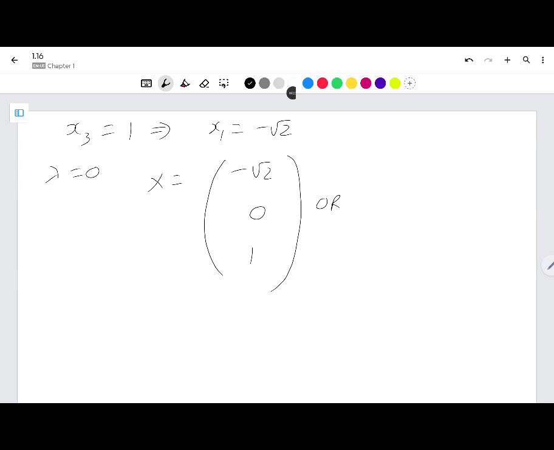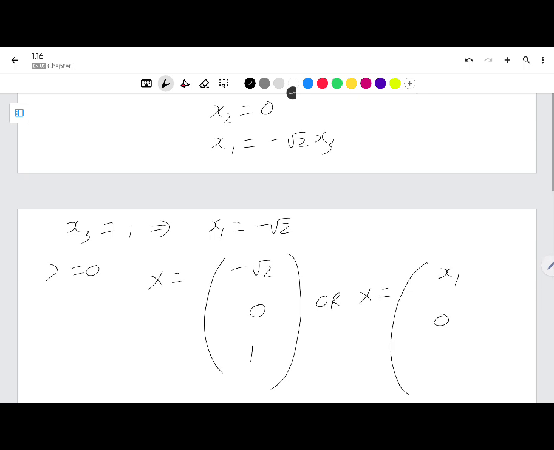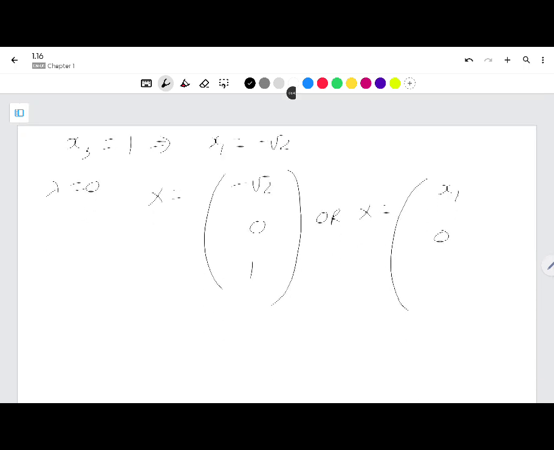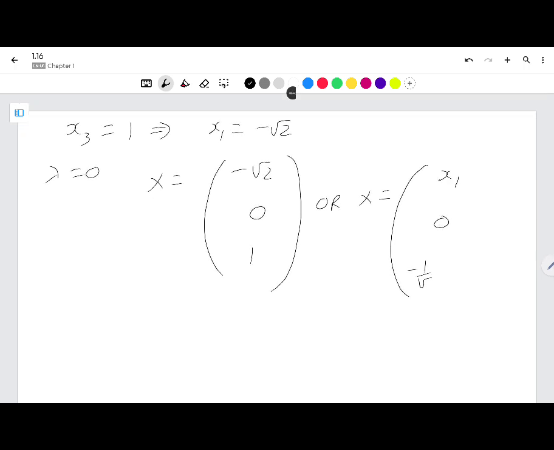Or if one would like to put it in a more general sense, this is x1, 0, and x3 is minus 1 by root 2 of x1. So there are infinitely many eigenvectors which will satisfy this.